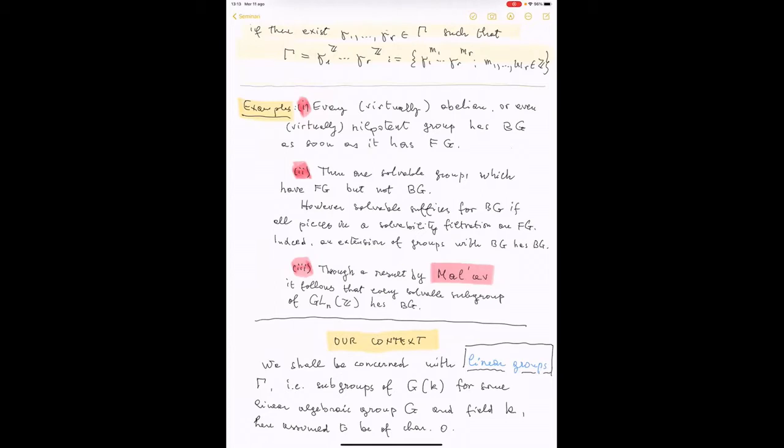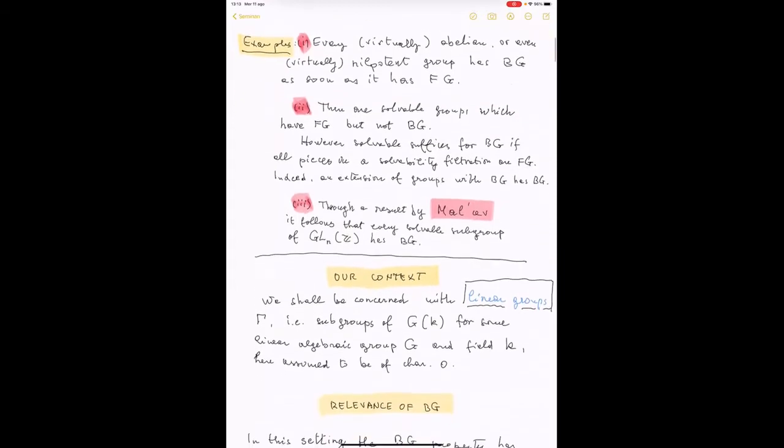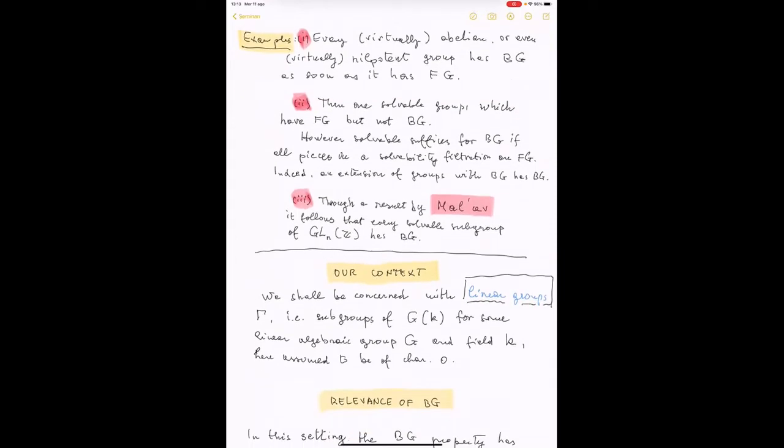Less trivial, but still true, is that this holds also for a virtually nilpotent group. So these are the first examples of boundedly generated groups. Nilpotent plus finite generation suffices. However, solvable does not suffice together with finite generation. There are examples of solvable groups finitely generated but not boundedly generated.